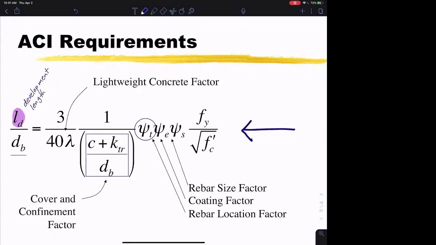This next one here, psi sub e. E stands for epoxy. Rebar rusts, and that is bad. One strategy to prevent rusting is to paint the outside of the bar with epoxy, and typically it's green, so we call it green bar or epoxy bar.